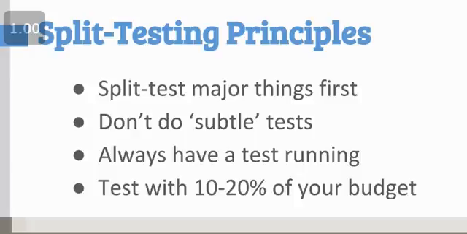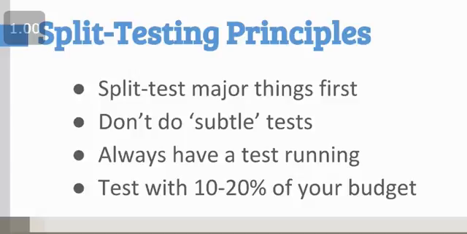So, starting with some split testing principles here. First, you want to test major things first. Okay, what I mean by that is, test things that are going to have really significant impact on your campaigns. As an example, you could test one audience versus another audience, right? So let's say that we wanted to sell running equipment.